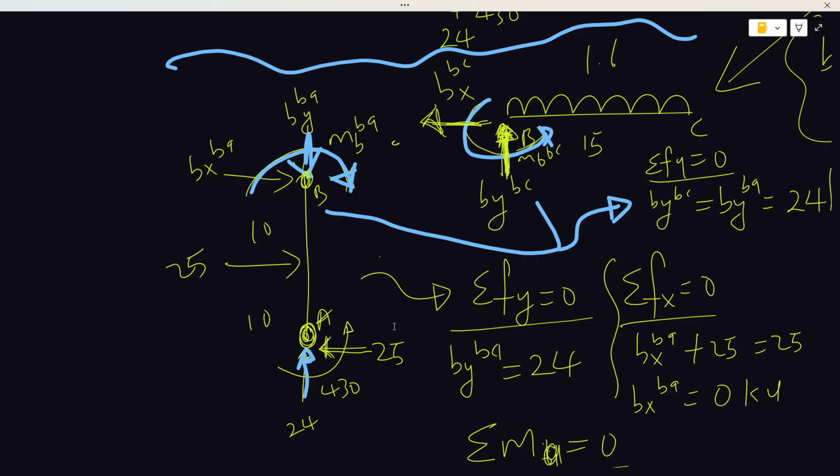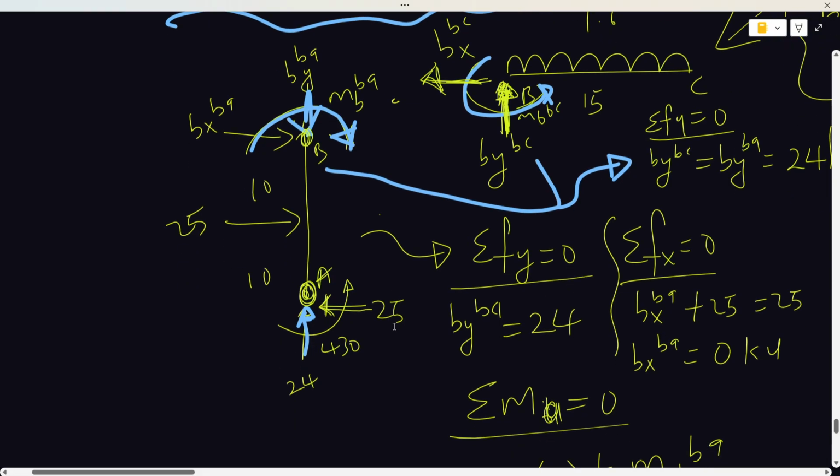Separately, we can then ask, what is the bending moment in this beam? What is the shear force in this beam? So that is one of the reasons why we split our members and draw the shear forces and bending moments for each member.